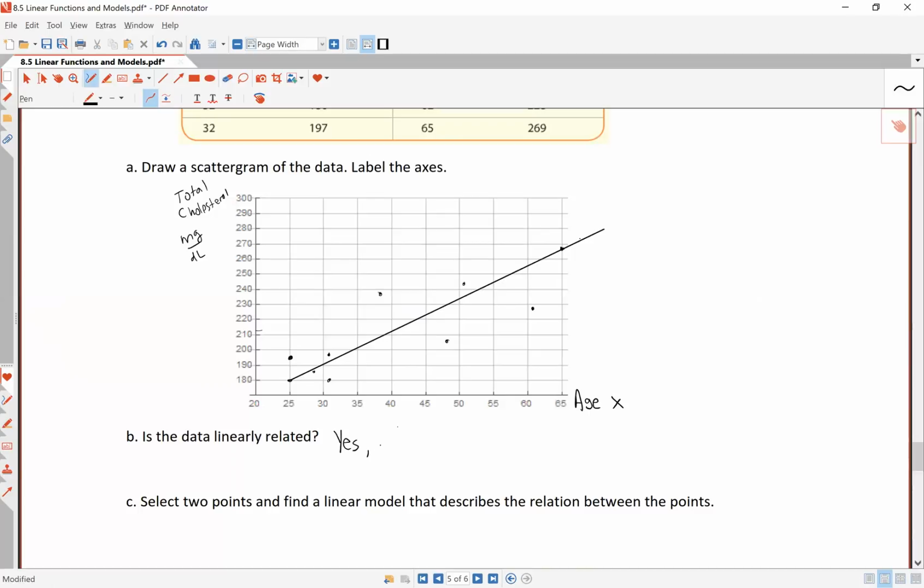Letter B, yes, it appears that the data are linearly related.